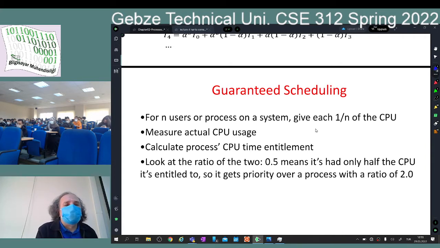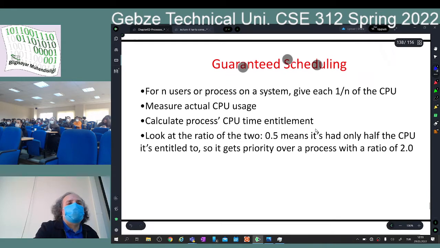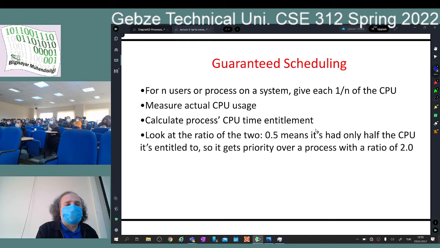I am going to say that for the next 100 people I am hiring, 80 of them will be from the women population, something like that. So that's kind of guaranteed scheduling. You guarantee that each process, whether it's interactive or not, will get to use 1 over n of the CPU time.